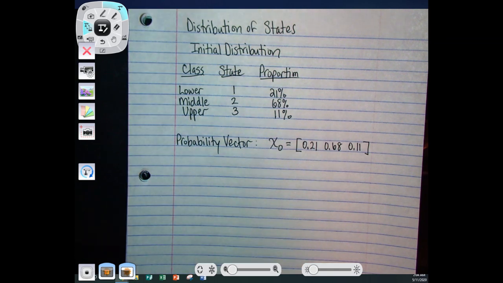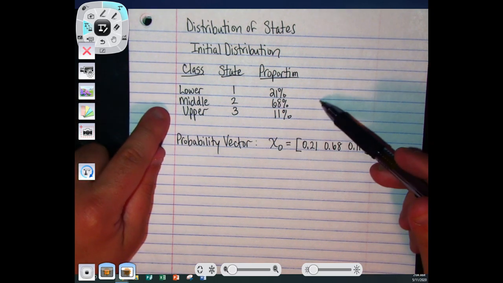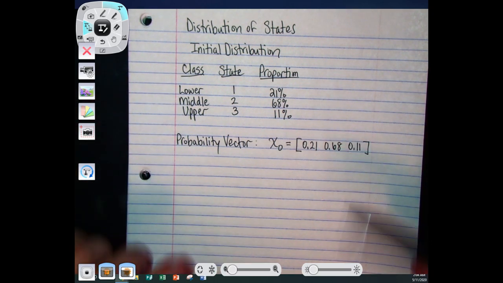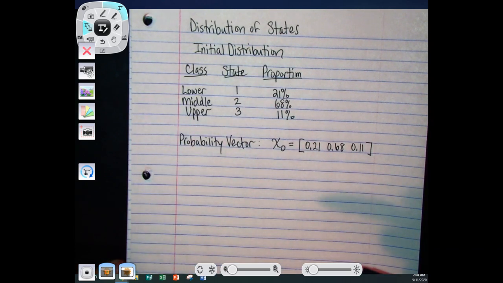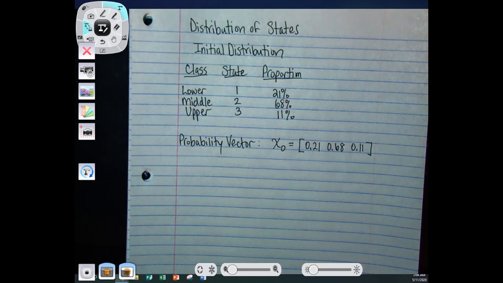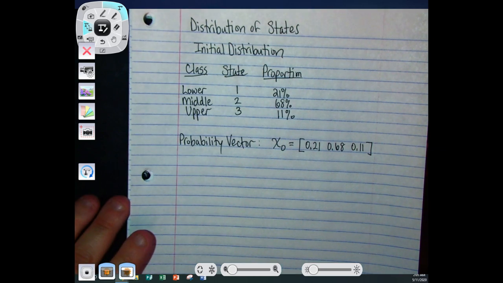So now the question is, here's my initial distribution. What would be the probability as we transition from one distribution to the next?